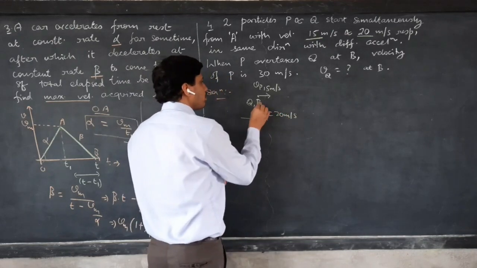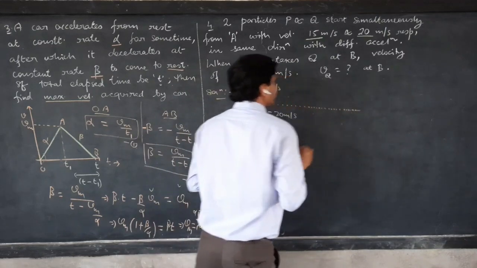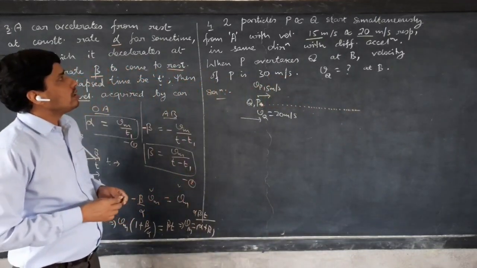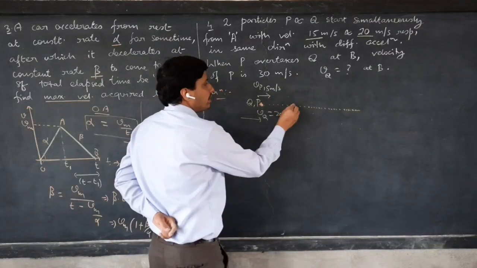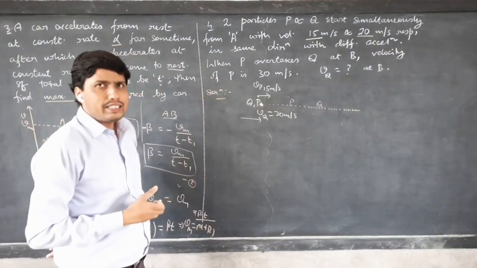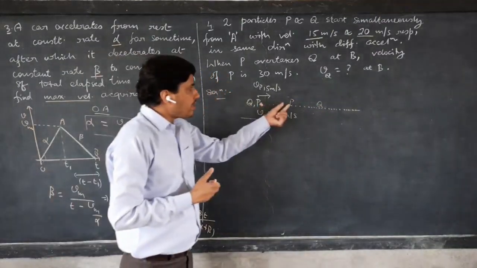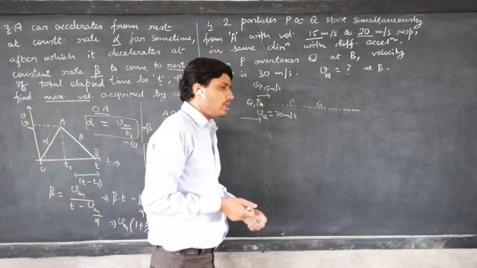They move in this direction with different accelerations. As I told initially, Q will be ahead, say here, P will be here. So P must have greater acceleration in order to overtake Q.